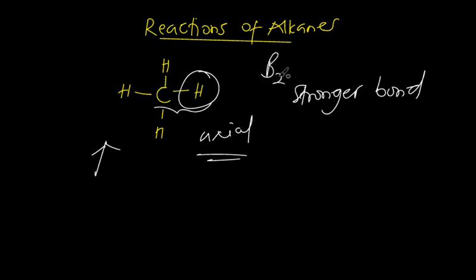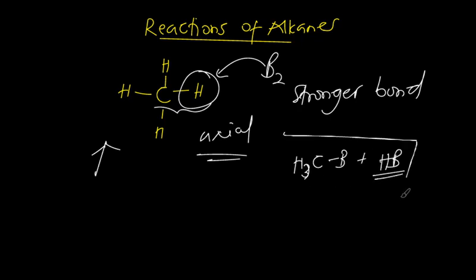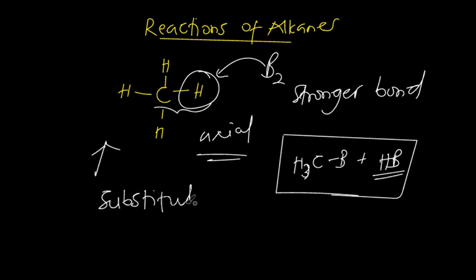In the process we will have compound B replacing the hydrogen over here, so we'll have CH3 attached to compound B, and then we will have HB as our byproduct. So this is a typical example of a reaction we are calling a substitution reaction.